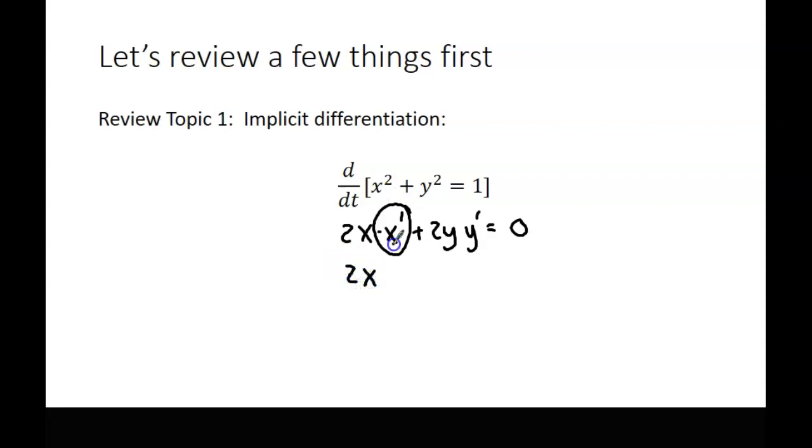It's really the derivative of x with respect to t. So how would I write that? dx over dt. How about this one? Instead of writing y prime, there you go.